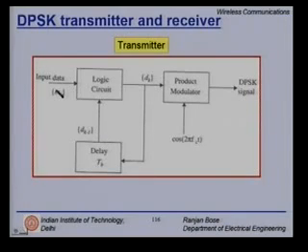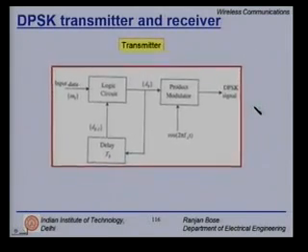All you have to do is, if a 0 comes in, flip the d_k, if a 1 comes in, leave it untouched and you get d_k. Now you have a product modulator, right? So make it plus A cos(2 pi fc t) for 1 or minus A cos(2 pi fc t) for 0 and you have your DPSK. Let us talk about the receiver.